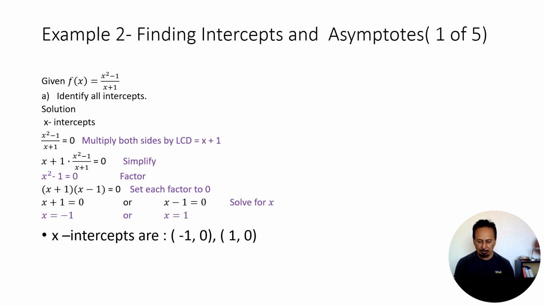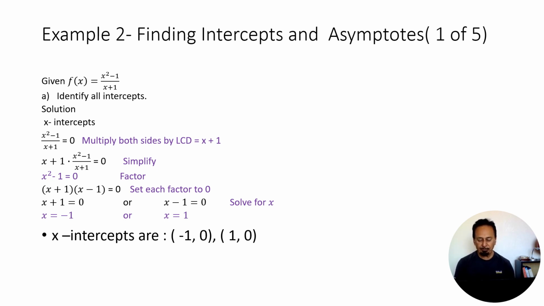Now we multiply both sides by the LCD, which is x plus 1. So we get x plus 1 times x squared minus 1 over x plus 1 equals 0, since x plus 1 times 0 is 0. Now we simplify. The x plus 1 cancels, and you're left with x squared minus 1 equals 0.